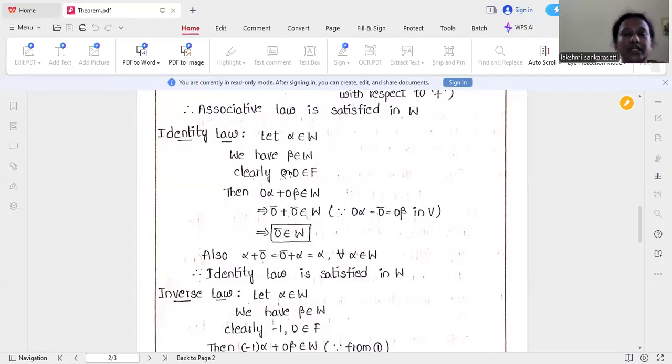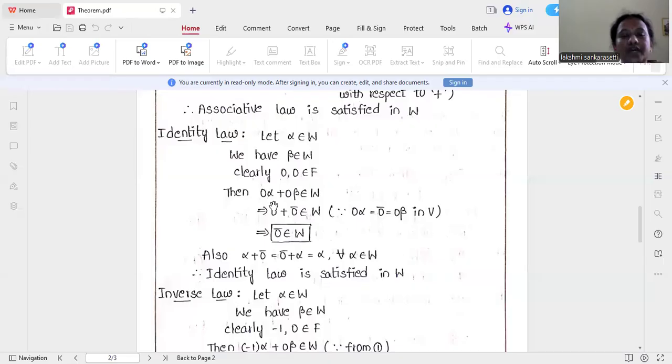And we know that F is a field, so 0 is the zero element under addition in F. Corresponding to the scalars A, B as 0, 0, we can consider the combination A alpha plus B beta belongs to W from the above equation 1.